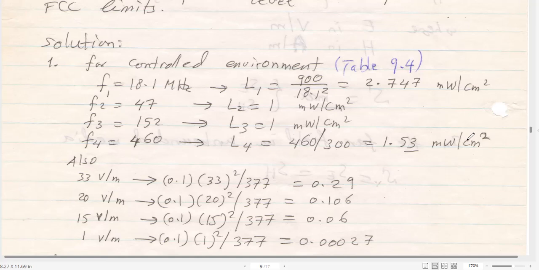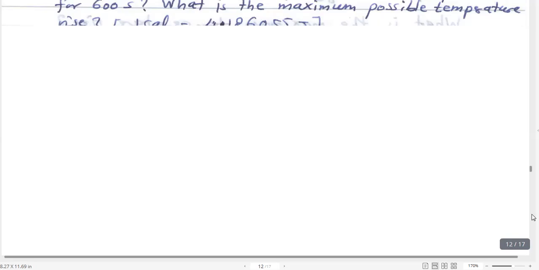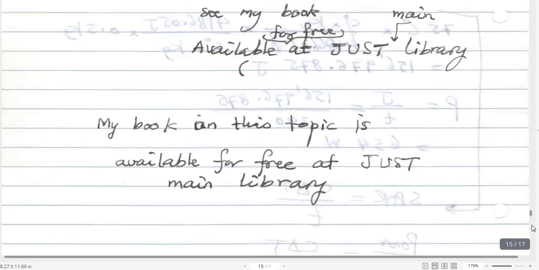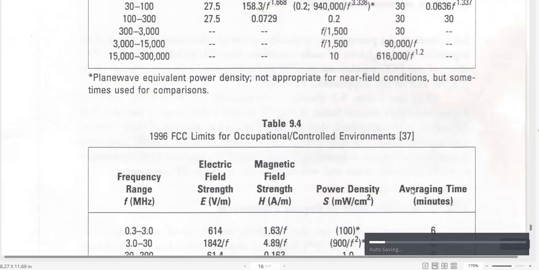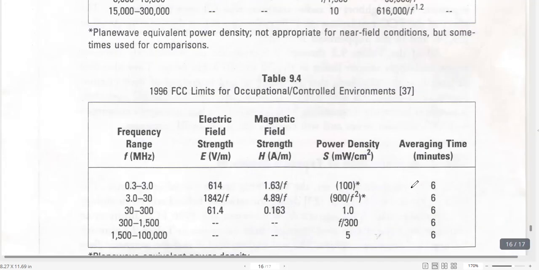Now we want to see the limits here. We can see this is from 1996, but the current limits did not change. This is just how to calculate, only how to calculate.